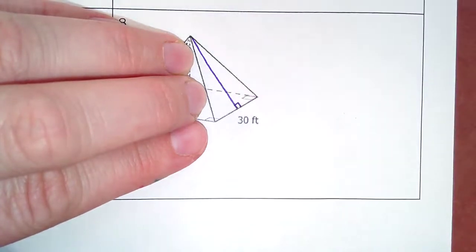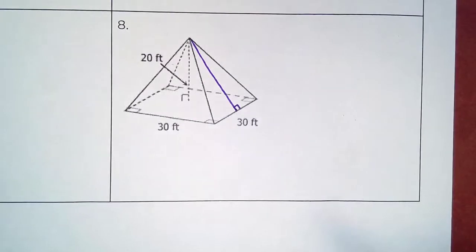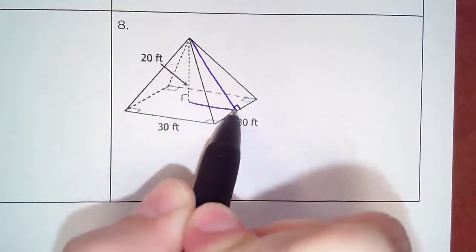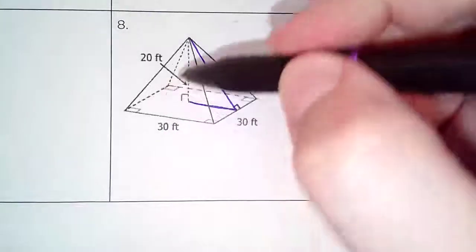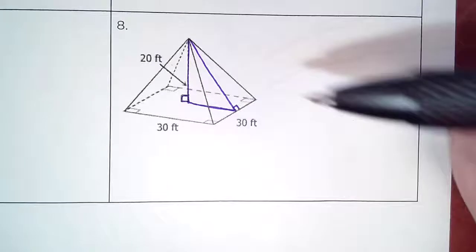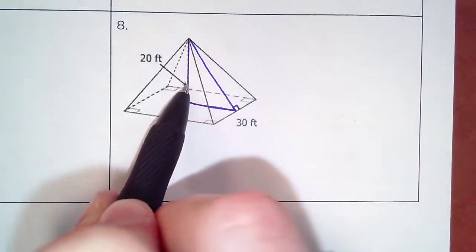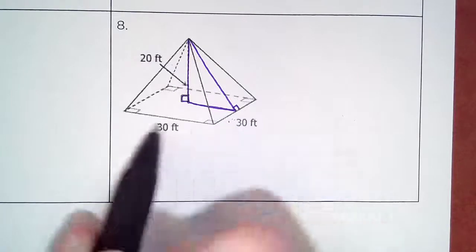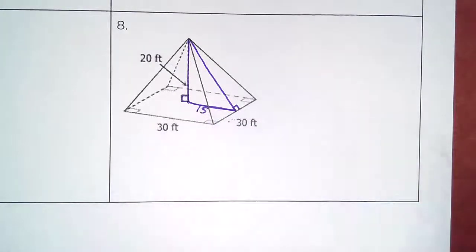Okay, well, how do I do that? Inside this triangle, or inside the pyramid, I can cut out this slice of this triangle. Given this height of 20, the base here is a square, so that means this is 15.